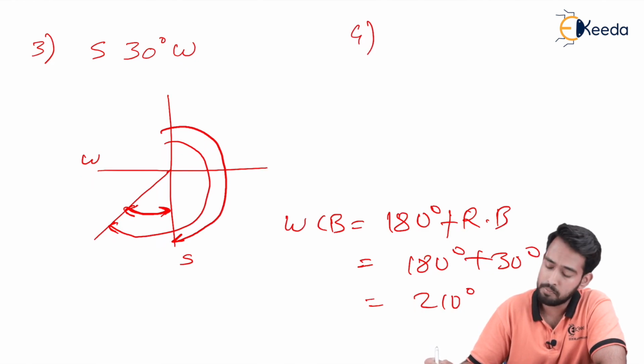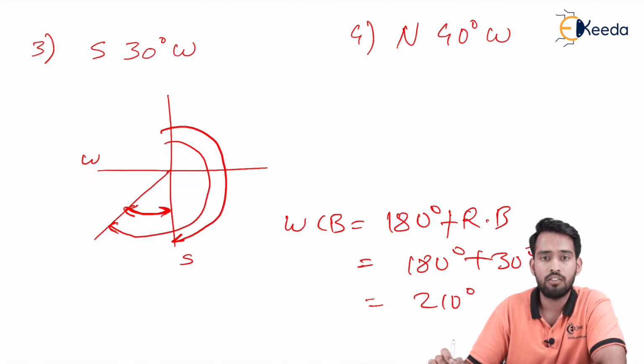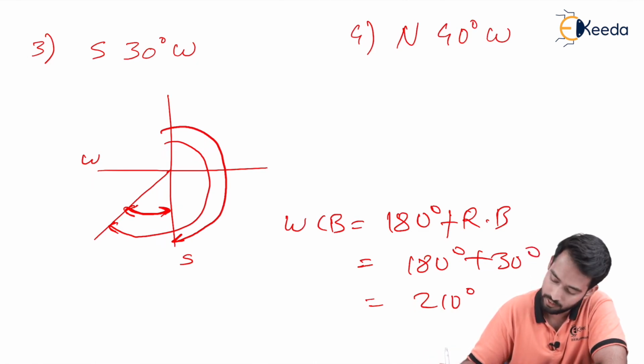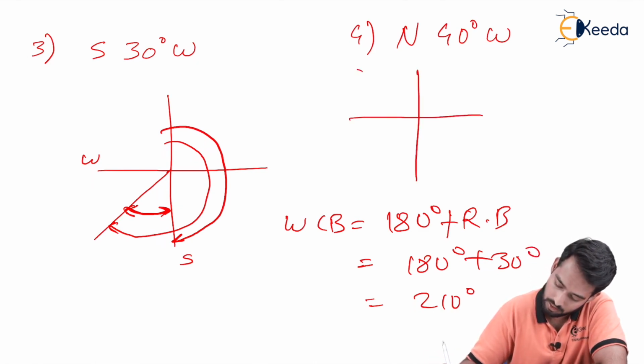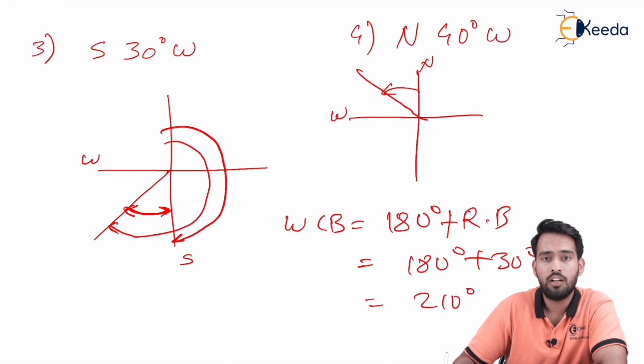We'll take up one more example. It is given north 40 degree west. So as we see northwest, it means it is a fourth quadrant. So while finding out WCB, what does the rule say?